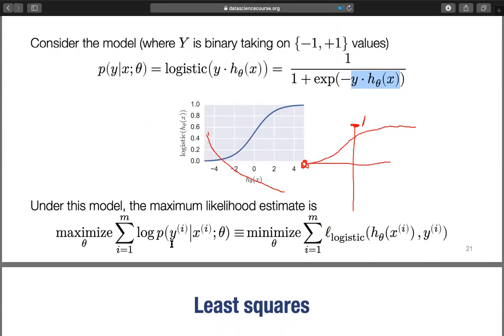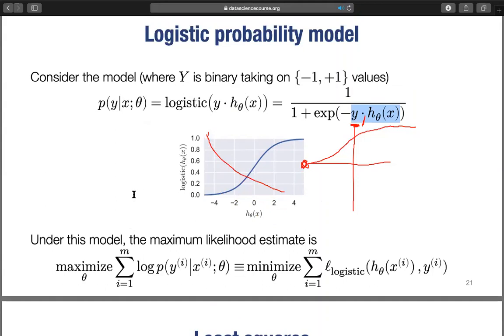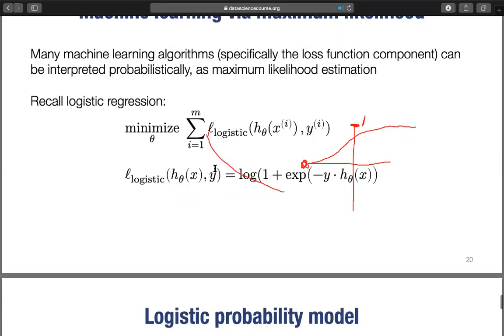And if you're going to be finding the maximum likelihood estimate, normally what you would want to do before now is to minimize this, the logistic loss, right?